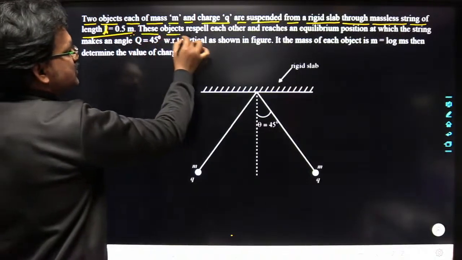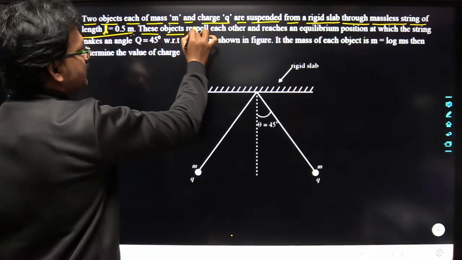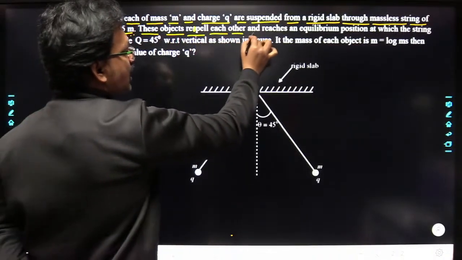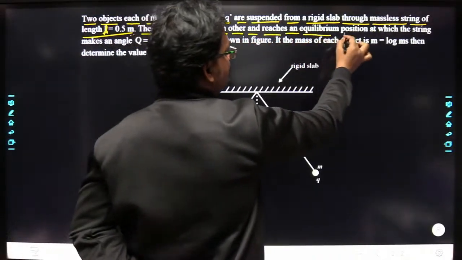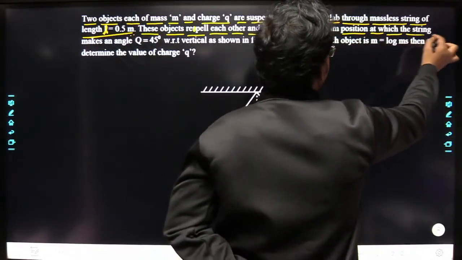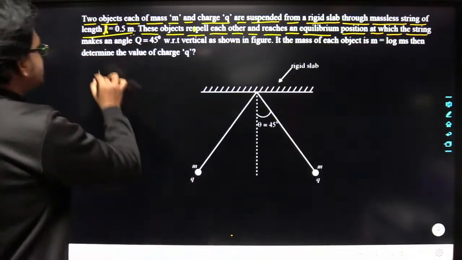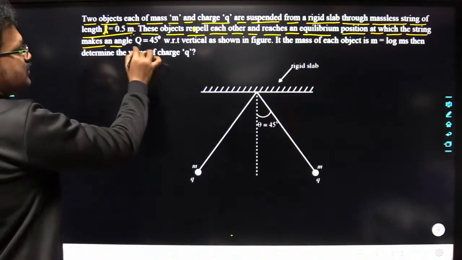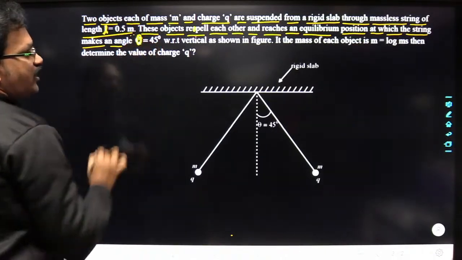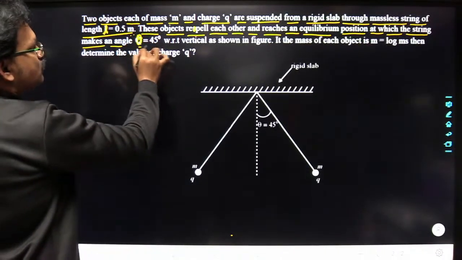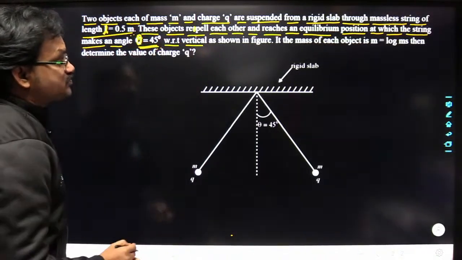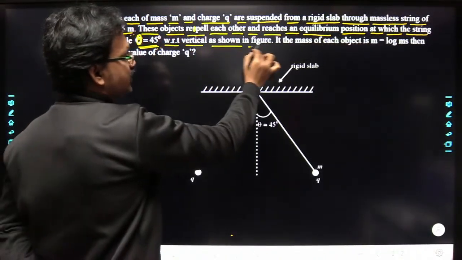These objects repel each other and reach an equilibrium position at which the string makes an angle theta equal to 45 degrees with respect to the vertical, as shown in the figure.